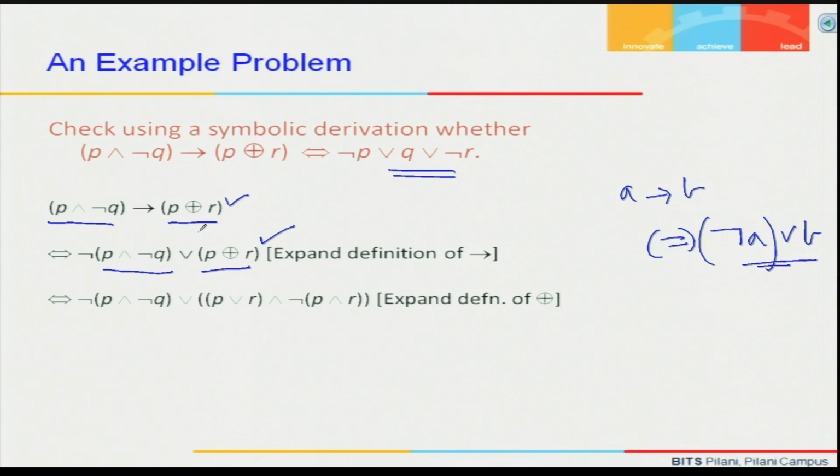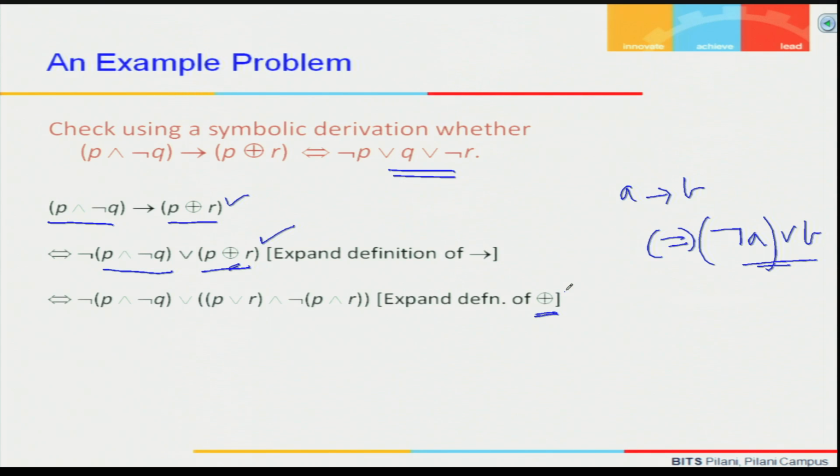Then by putting the very definition of the exclusive OR, P exclusive OR of R is the same as P or R and not of P and R. This is by the very definition of exclusive OR.